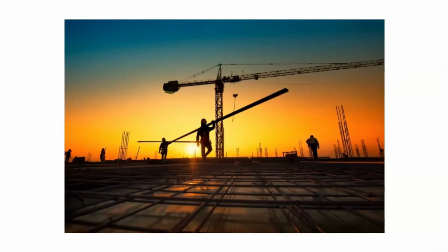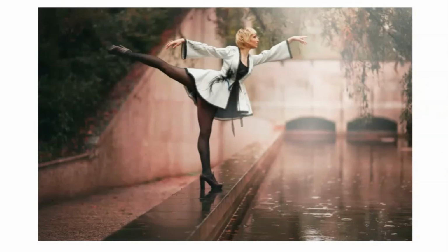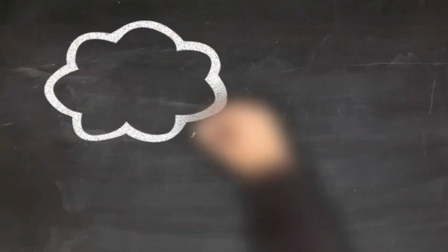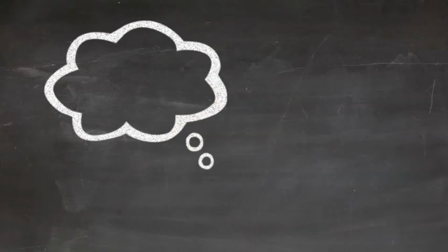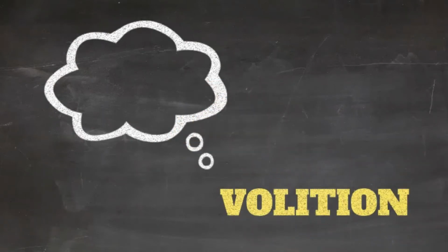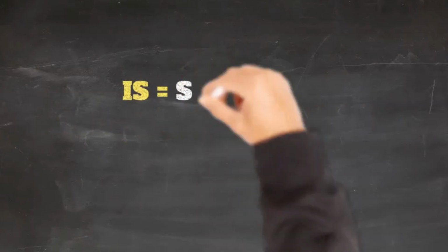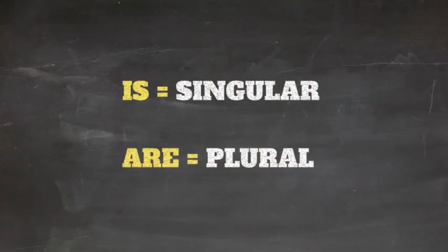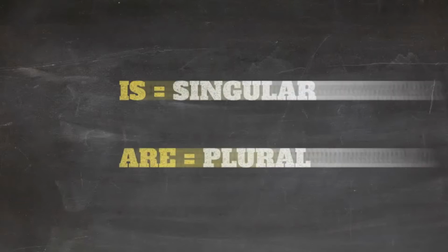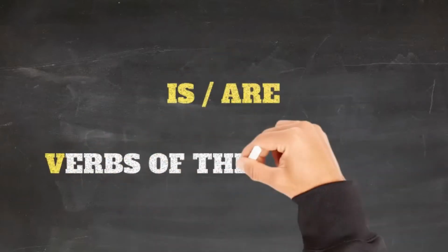Building is not a verb. We must think to build. Dancing is not a verb. We must think to dance. Everything comes from our thinking, our volition. This is why there are only two verbs in the English language: is and are. Is singular. Are is plural. Is and are are the verbs of volition.